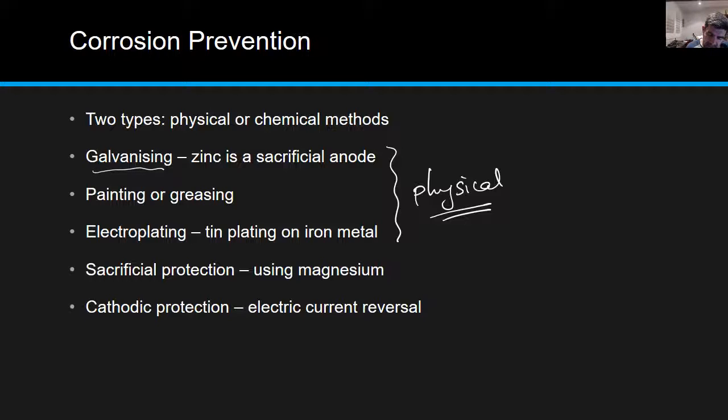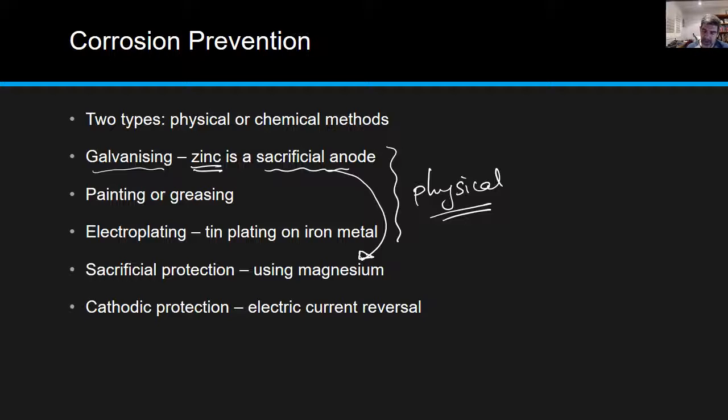So one way is by galvanizing. You coat the material in another metal. Zinc is one of the ones that's often used for galvanizing, and zinc also is capable in this case of acting as part of a chemical barrier as well, it's called a sacrificial anode.